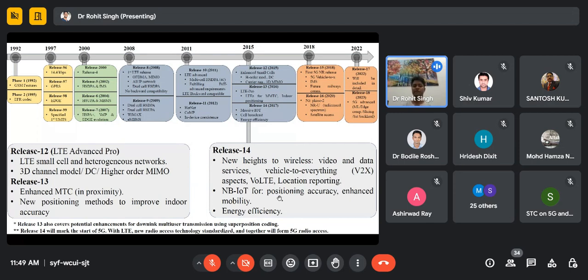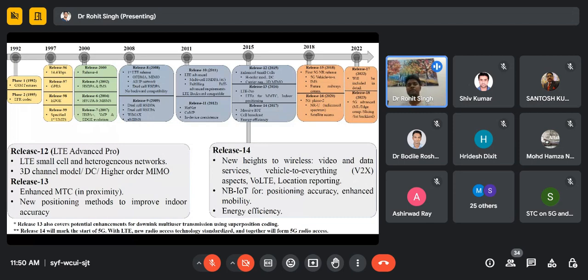Next and biggest breakthrough is that now you can transfer your voice through the data communication channel, that is known as voice over LTE. So you do not need to have a dedicated core radio area network for voice.